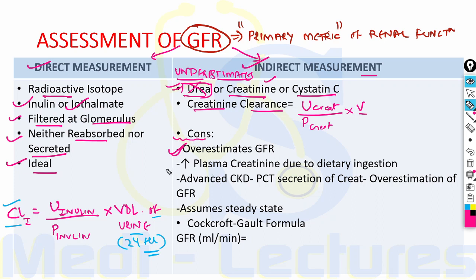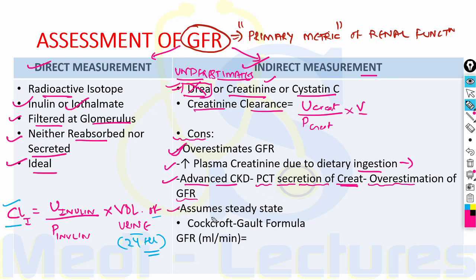Other cons is that increased plasma creatinine due to dietary ingestion can occur. If we have ingested cooked meat, there can be falsely increased values of plasma creatinine, which will suggest a decline in GFR. Advanced CKD patients have PCT mediated secretion of creatinine, so it will falsely overestimate the GFR.